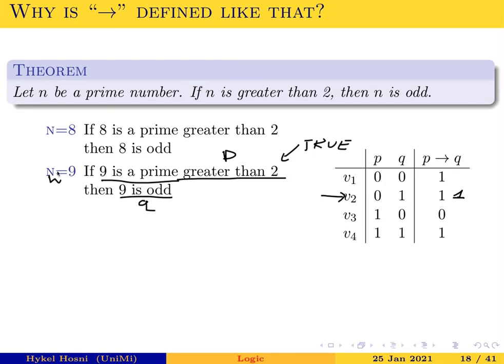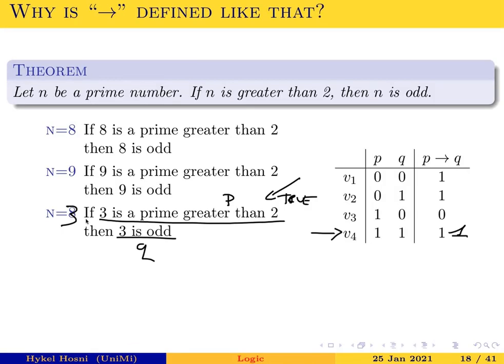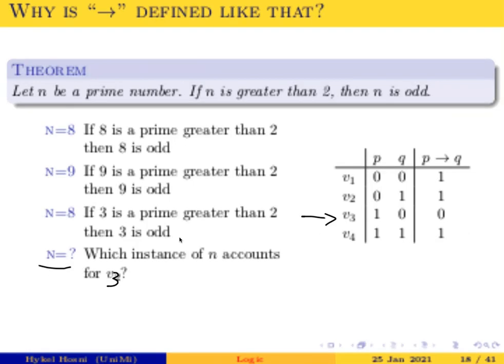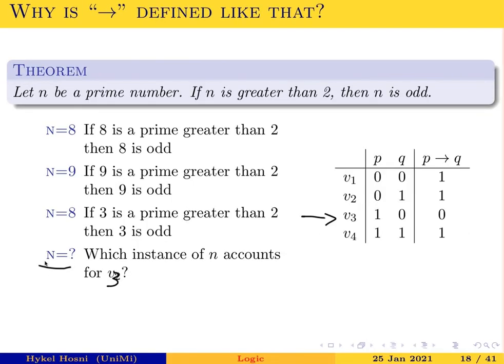V2, I just suggested you take 9 because it's not prime, though it's odd. And then I just gave you 3, which is both prime and odd. So please, anyone tell me what number should I plug in to account for V3?